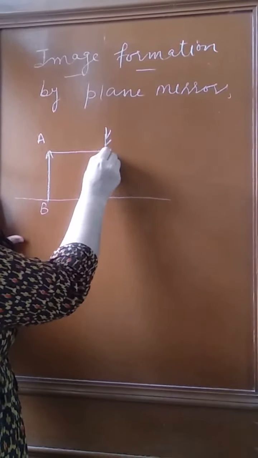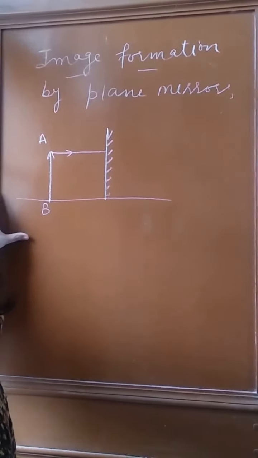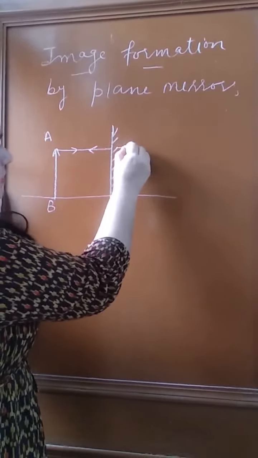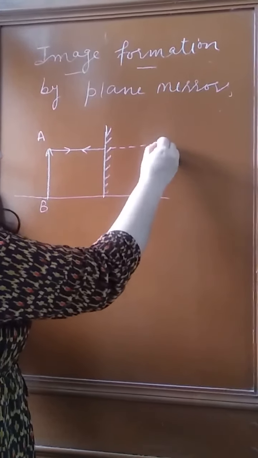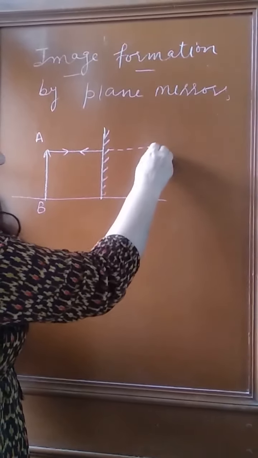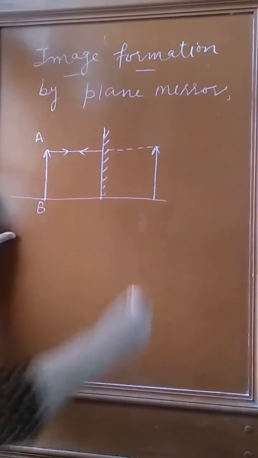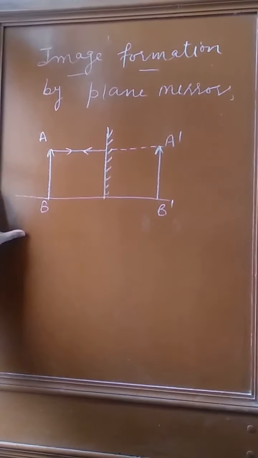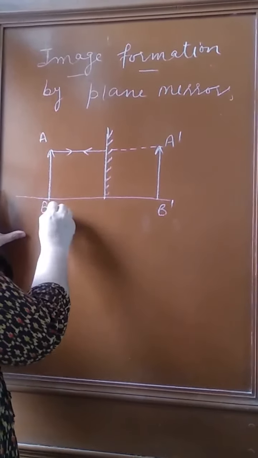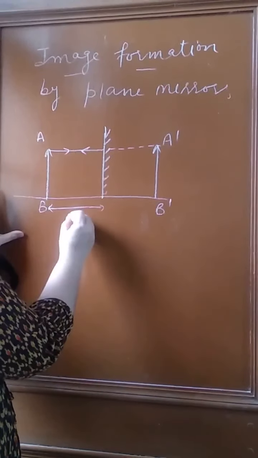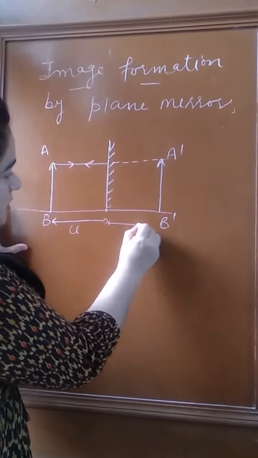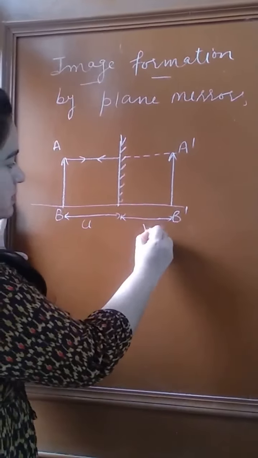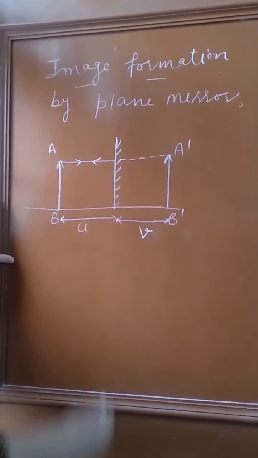A ray falls on this mirror. Now this ray is reflected back, but it appears to come from this point behind the mirror. Now this is the virtual image of the object AB. Let the distance of the object from the mirror be u and the distance of the image A'B' be v.